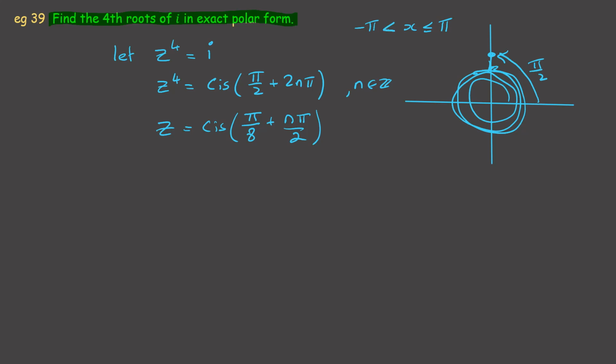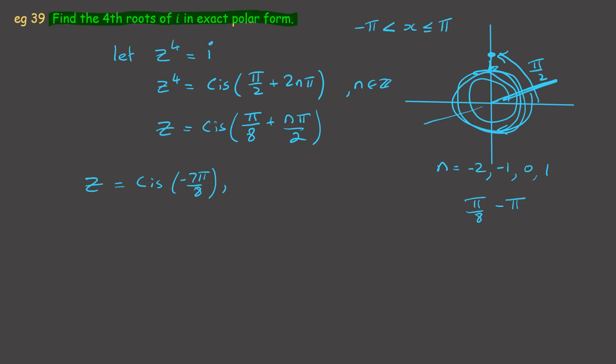Okay, so I might try n is equal to, well, pi by 8's here, isn't it? So I can take two right angles off and still be in the right region. So we'll go n is negative 2, negative 1, 0 and 1. And so we're going to get cis, so we've got pi by 8, take away pi, so that would be negative 7 pi by 8.